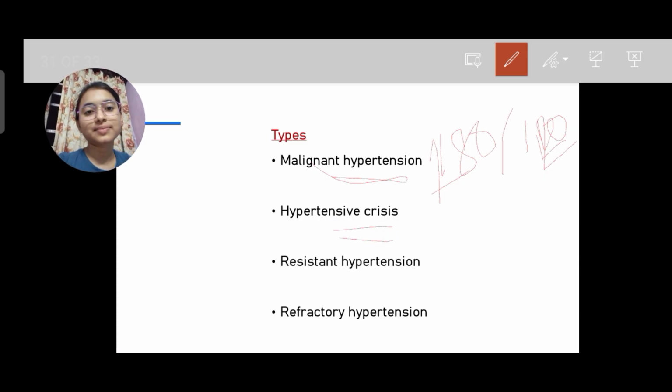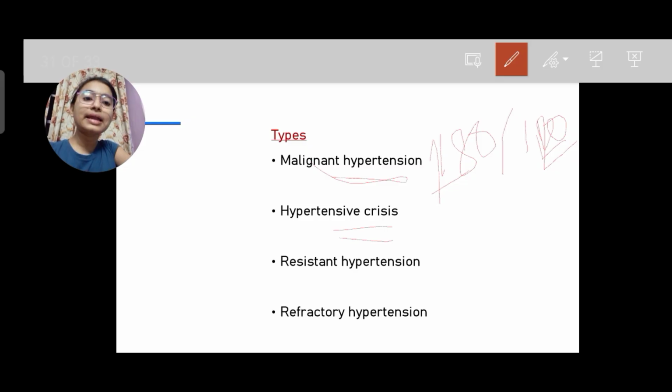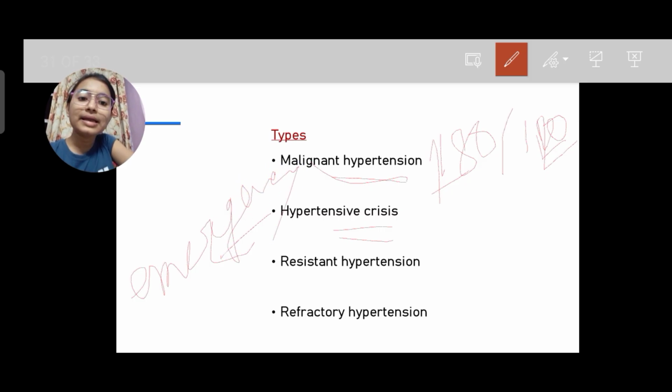Hypertensive crisis. In hypertensive crisis, a person's BP increases to more than 180 by 120 mm of Hg, and it is mainly of two types. One is the hypertensive emergency, another is the hypertensive urgency.